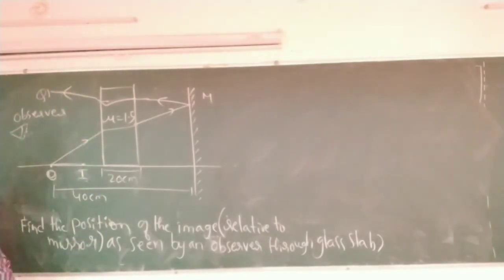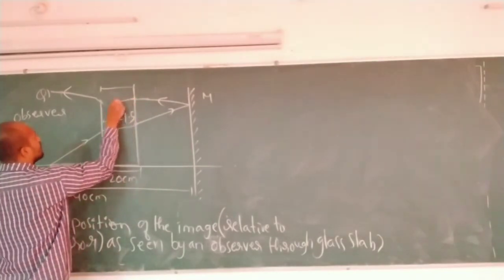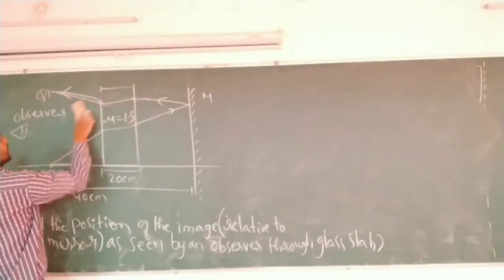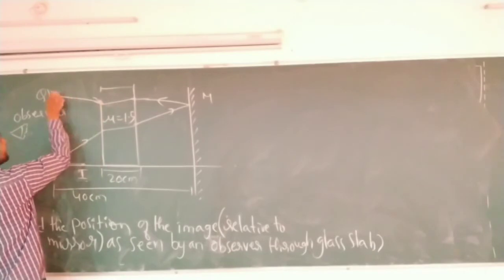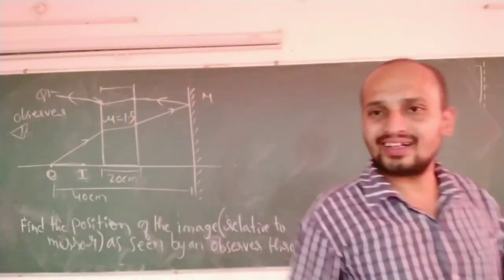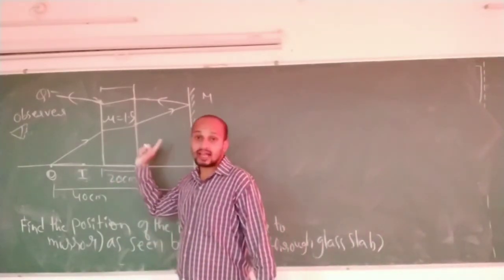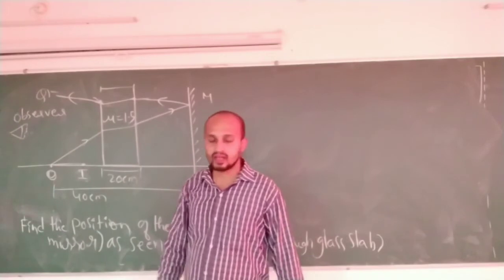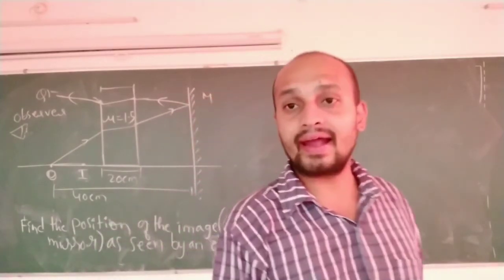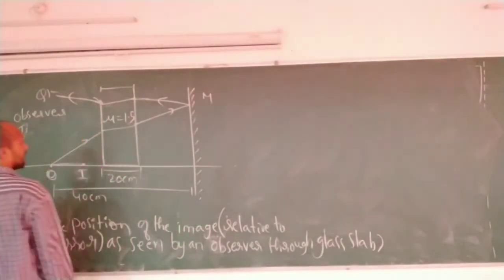It will get deviated and it is going to reach the observer's eye. So if you look at the overall journey, light will make 2 times shift through the slab. Yes or no?